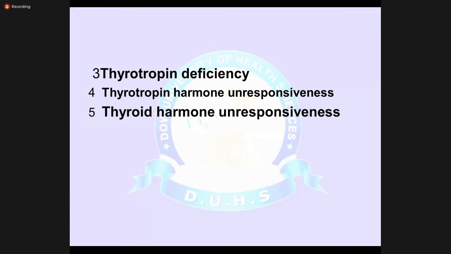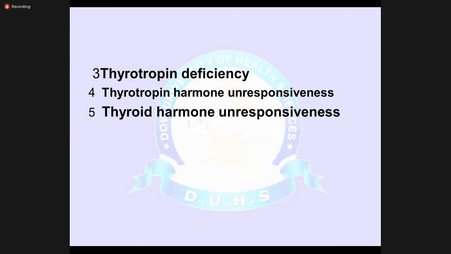The third reason of congenital hypothyroidism could be thyrotropin deficiency, meaning that the problem is with the hypothalamus. The hypothalamus is supposed to produce the thyrotropin. That thyrotropin acts on the anterior pituitary to produce thyroid stimulating hormone. That thyroid stimulating hormone acts on the thyroid gland to produce the thyroxine.